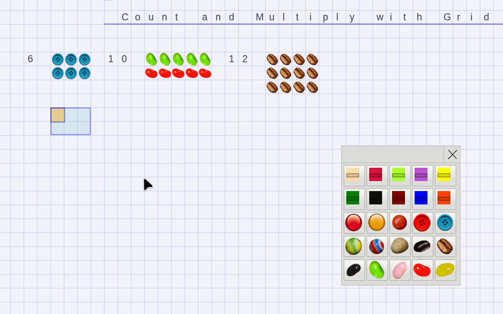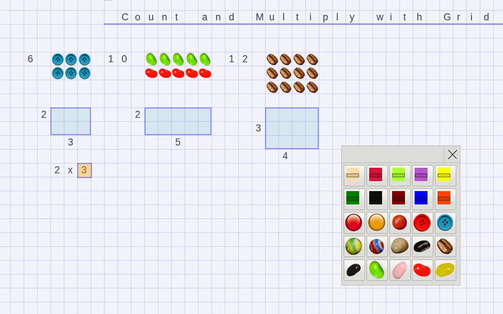So here's 3 by 2, 3 rows, two rows of 3 each. That's 2 by 3, and 10. Here is 2 rows of 5, so it's 2 by 5, and a dozen coffee beans is 3 rows of 4, 3 by 4.